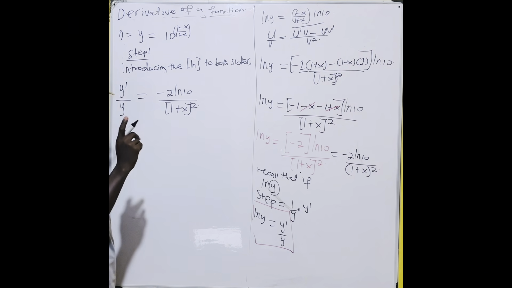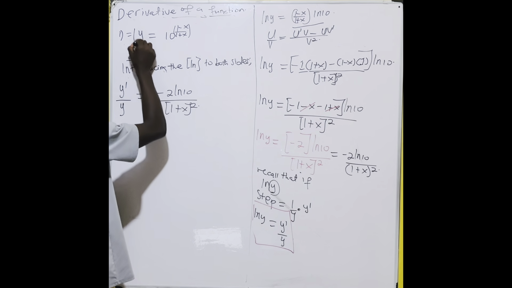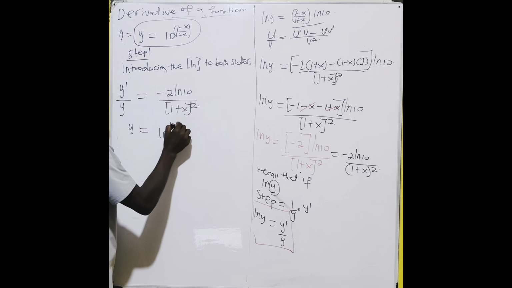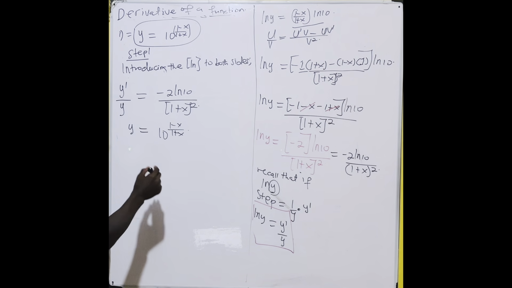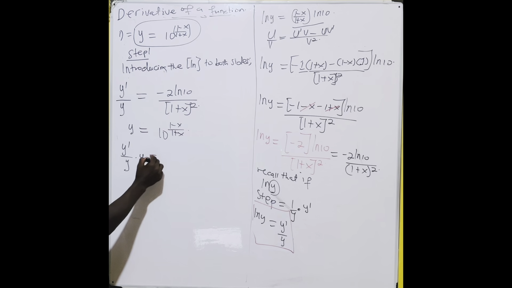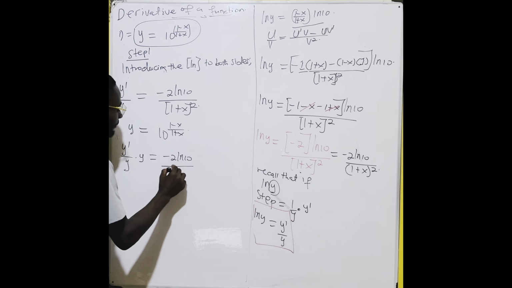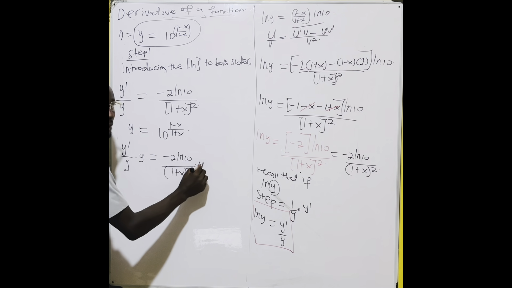Okay, recall that from the question, y is equal to 10 to the power (1 minus x) divided by (1 plus x), right? So here we can say that y prime divided by y times y should be equal to -2 ln 10 divided by (1 plus x) all squared times y, right?